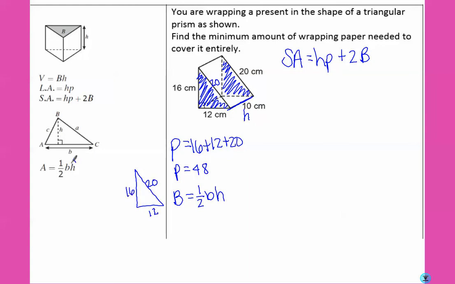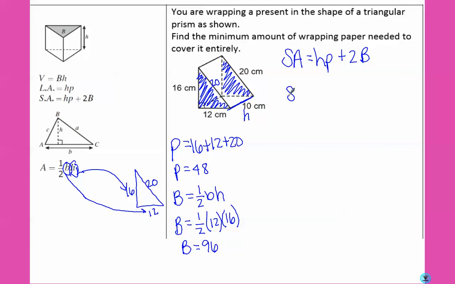For the triangle, this h is the 16 and the b is the 12. So the area of the base is 1/2 times 12 times 16, which gives us a base area of 96.